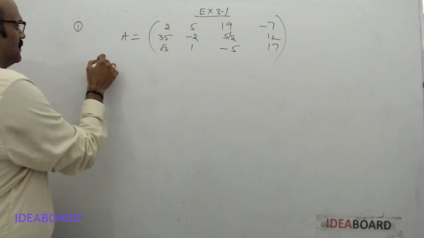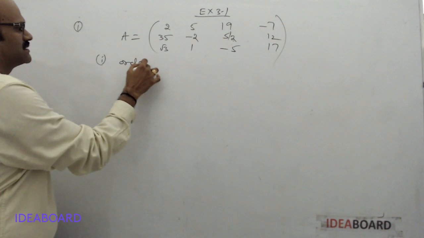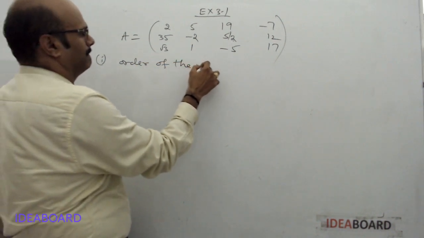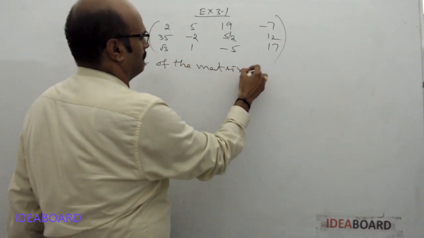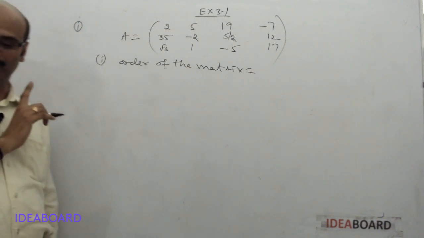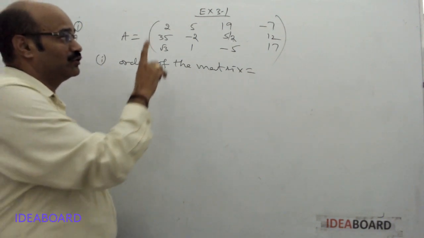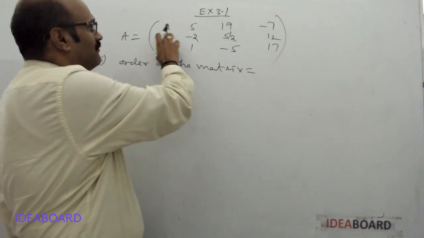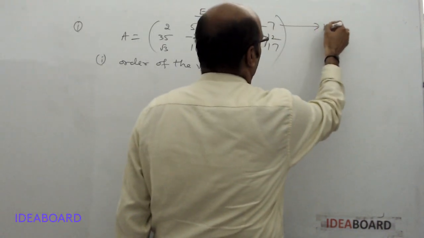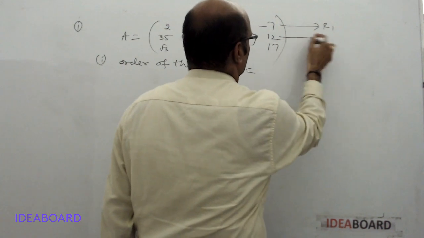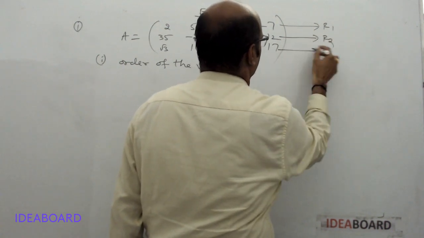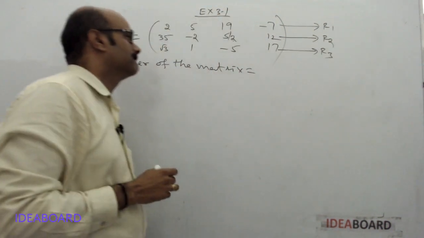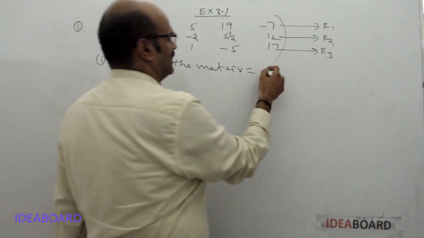First one, order of the matrix. While finding the order of the matrix, we have to verify the total number of rows and total number of columns. Here it is R1, R2, R3. So we are having 3 rows.